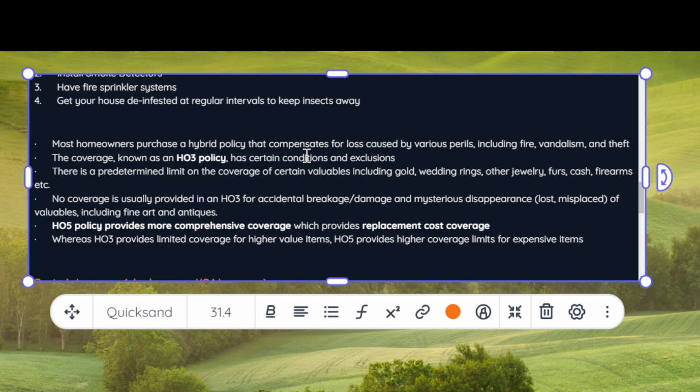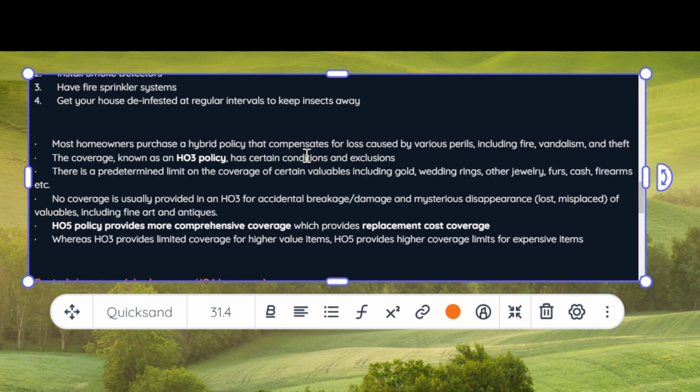The standard one covers your entire property and the property within the premises, and it also covers the items you have within the home, although it normally has a lower limit for premium items like gold, wedding rings, jewelry, and so on. What HO3 does not provide is accidental breakage or damage coverage. These are some of the things which HO3 does not cover or has limitations on.